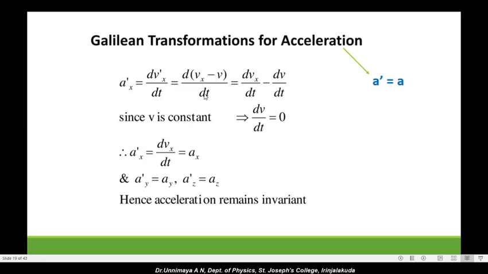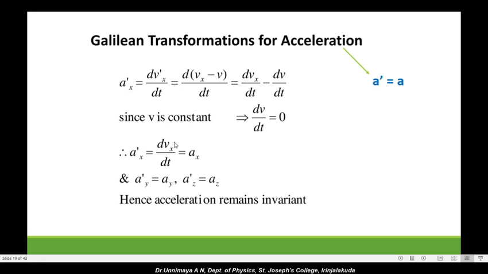So d by dt of Vx minus V gets dVx by dt minus dV by dt. Since this V term corresponds to the constant velocity with which the S prime frame moves, dV by dt will be 0. Then only the dVx by dt term will exist.